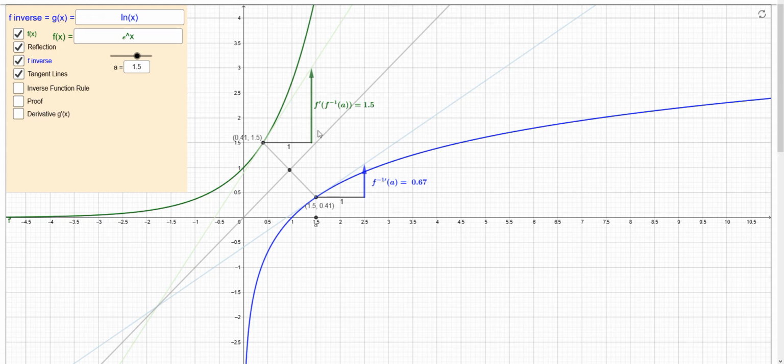Do you see the relationship? They're actually reciprocals of each other. Anytime you reflect a line over that axis, you get reciprocals for the slopes. So let's just see if you can see that. If this is y equals mx plus b, then this is x equals my plus b, right?